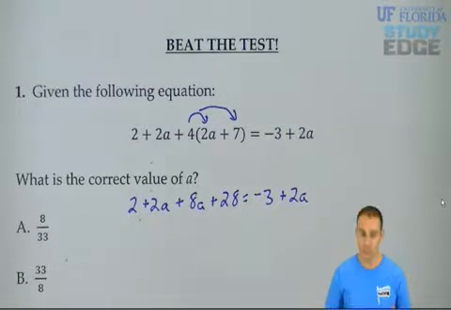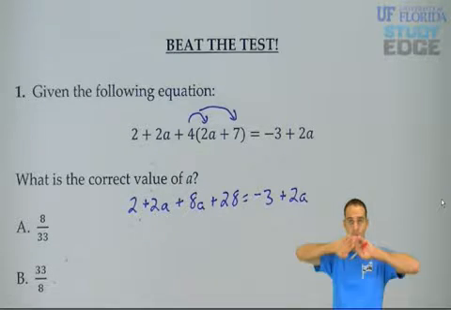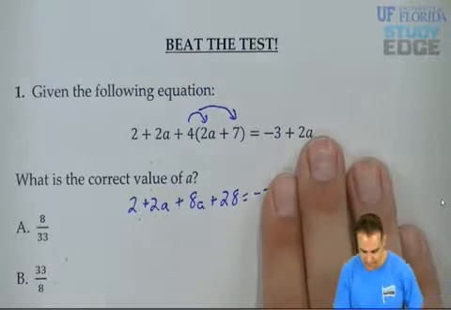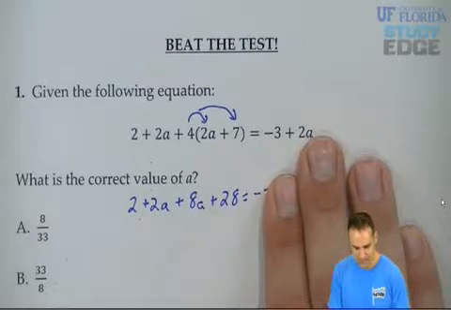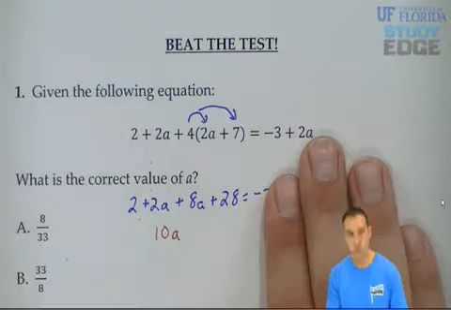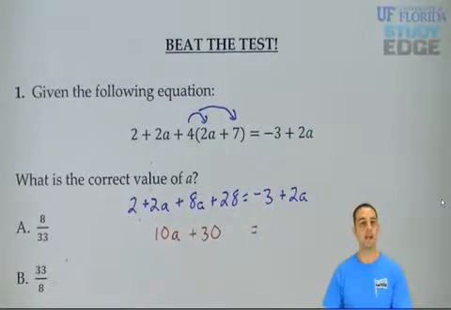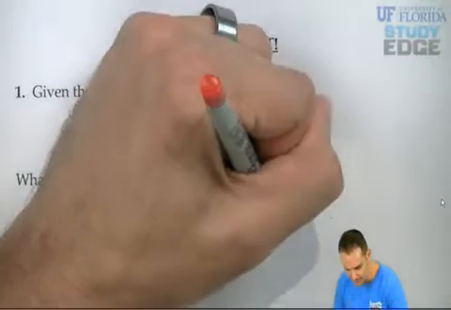Step 1, I distributed. Now I'll combine like terms on each side. On the left, I can combine 2a plus 8a, which will give me 10a, and 2 plus 28 will give me 30. On the right side, nothing to combine.